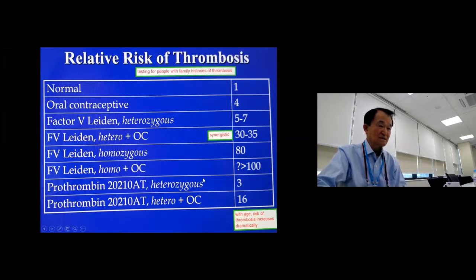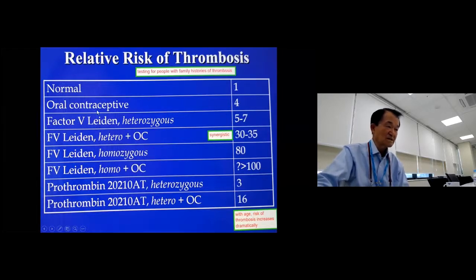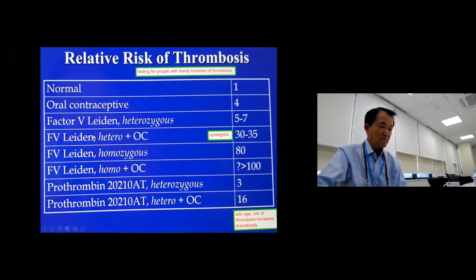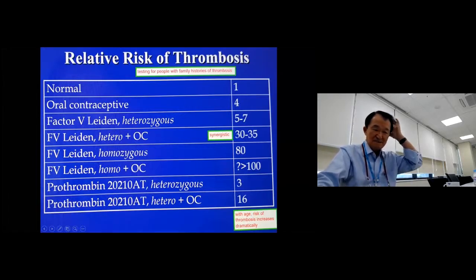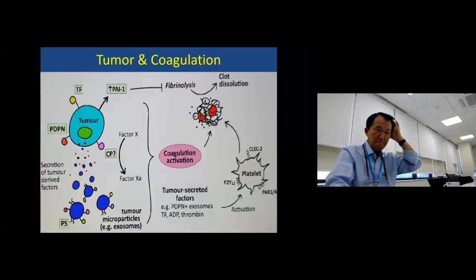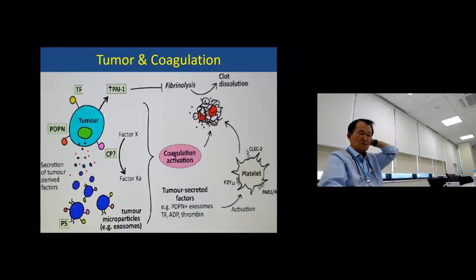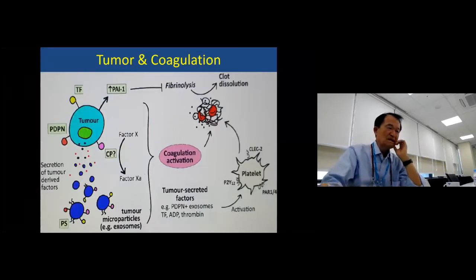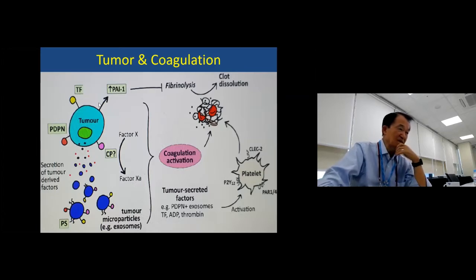Certain other things also showed some risk compared to normal. Oral contraceptives, that's 4 times more than normal risk. But other factor 5, prothrombin, certain gene makes a much higher risk. So in the tumor, what happened? Tumor, we said, produces a lot of factors.